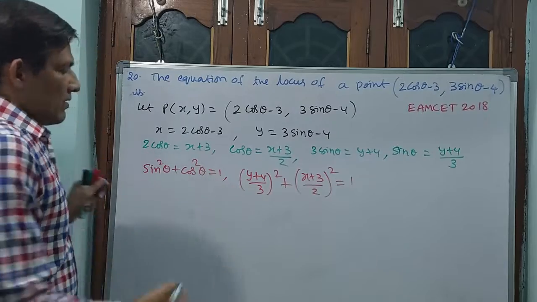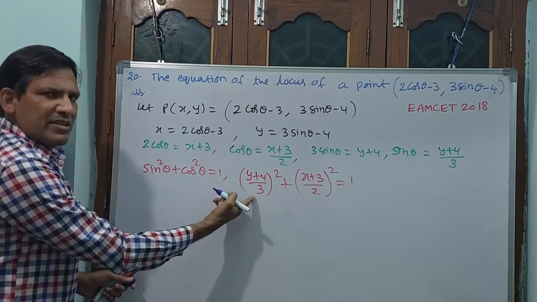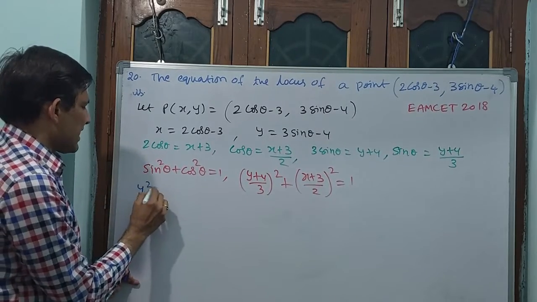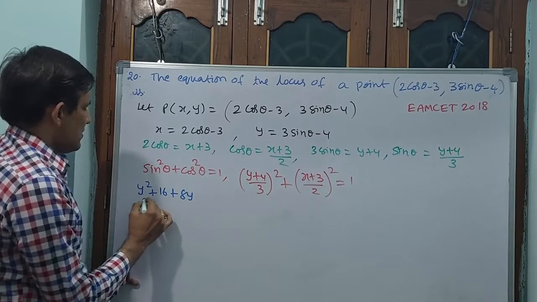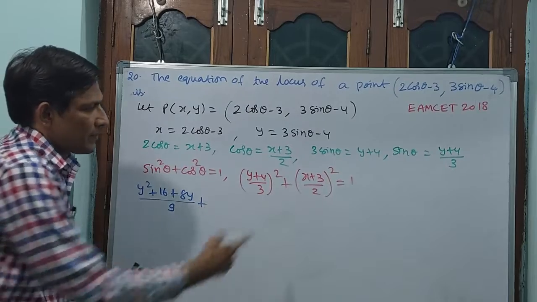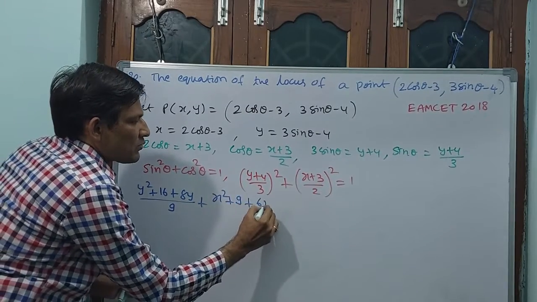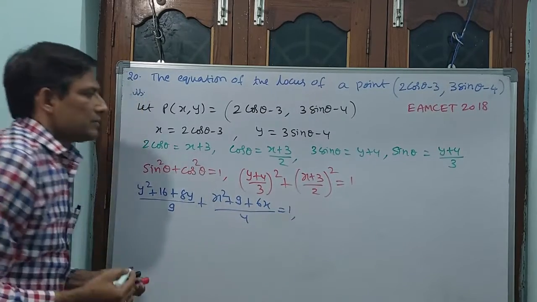See, (y plus 4) whole square, both squares you have to expand. Denominator squares are simply 9 and 4. Here you use a square plus b square plus 2ab, divided by 9, plus a square plus b square plus 2ab divided by 4 is equal to 1.